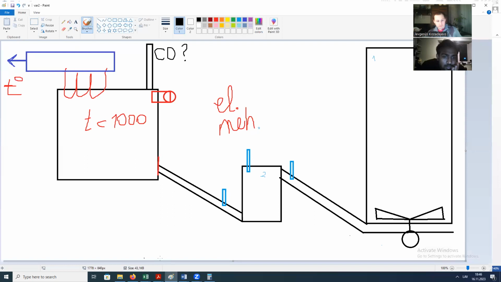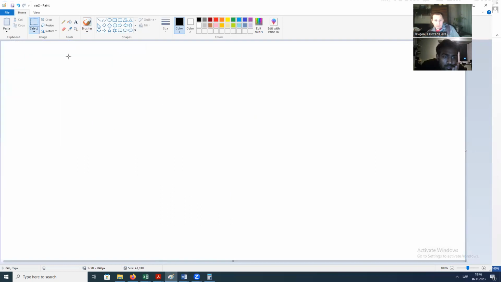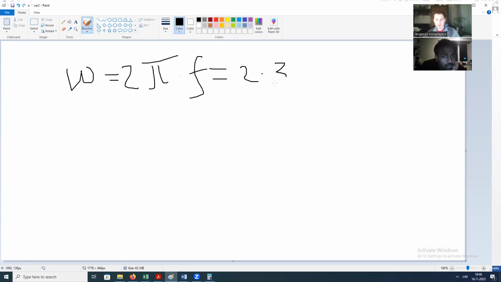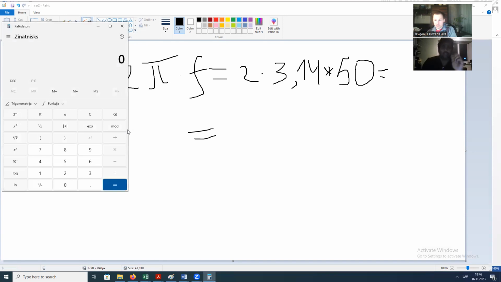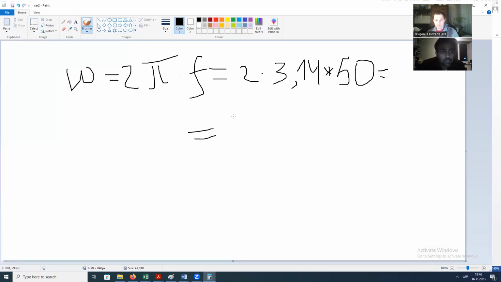So 2 by 3.14 multiplied by 50 hertz, a frequency of 50 hertz. In this case, we could calculate this value.